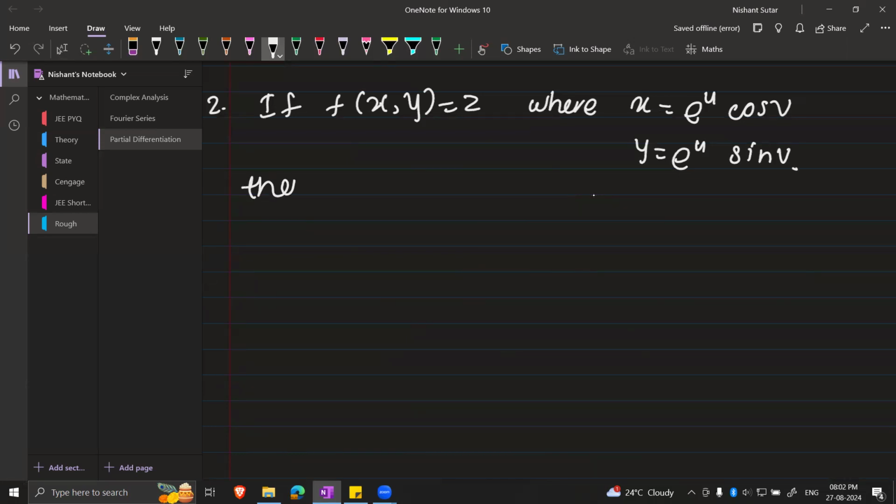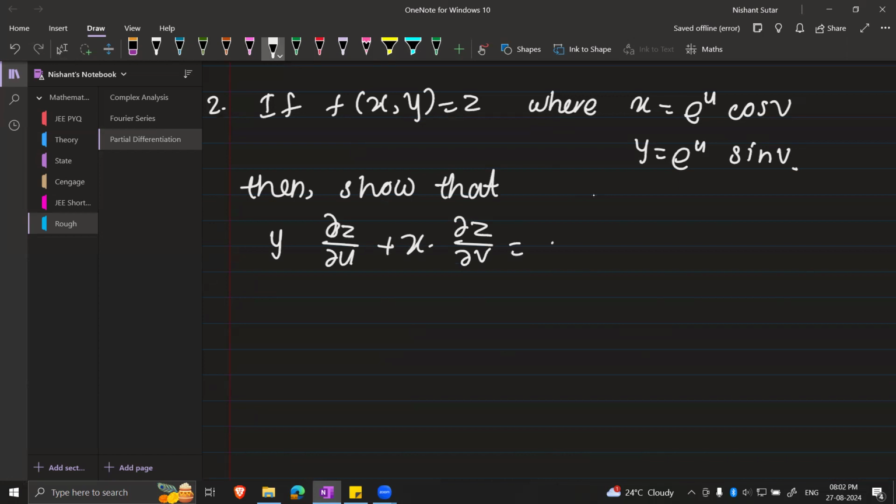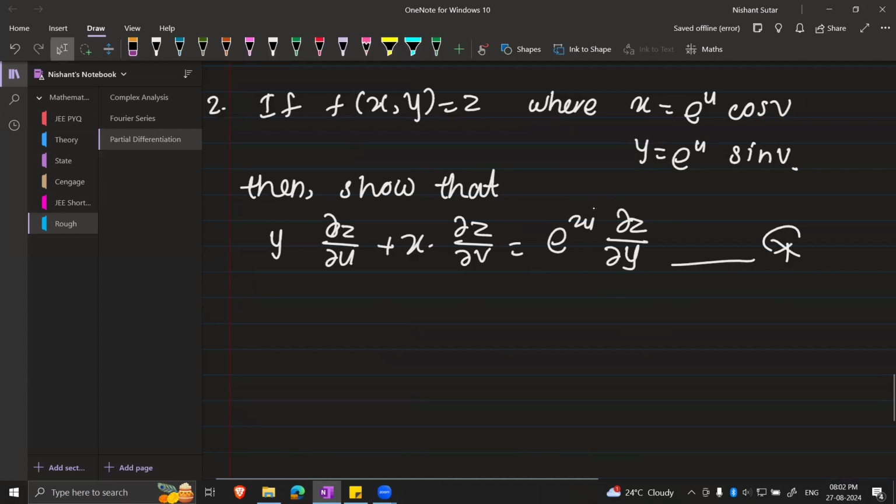Then I need to show that y into del z by del u plus x into del z by del v is e power 2u into del z by del y. So I need to prove this. So I will mark this as star.